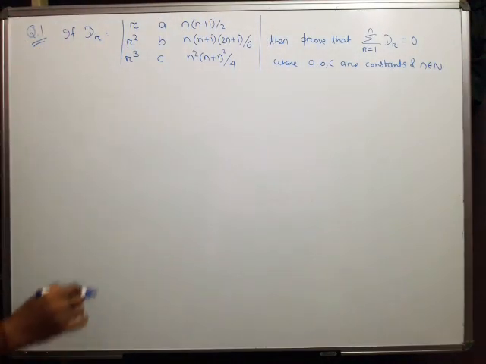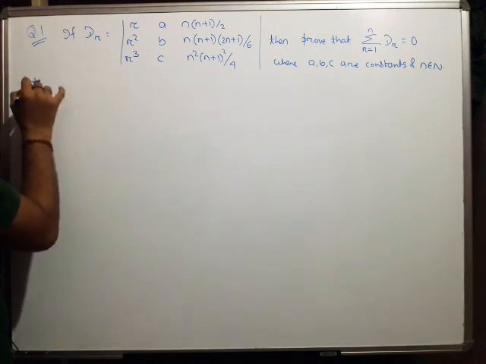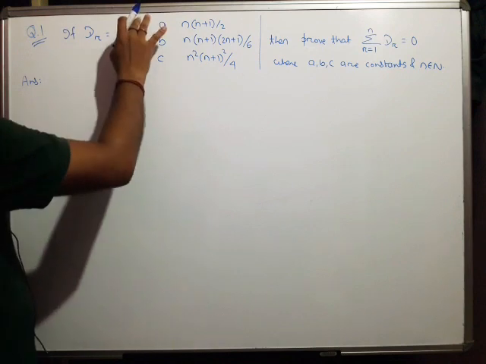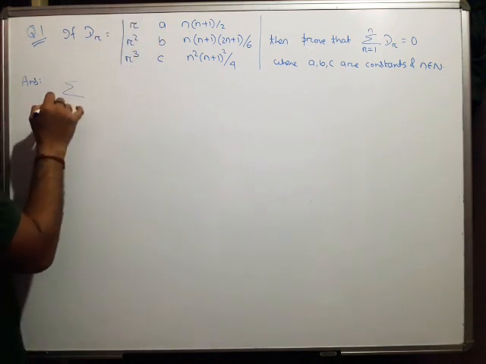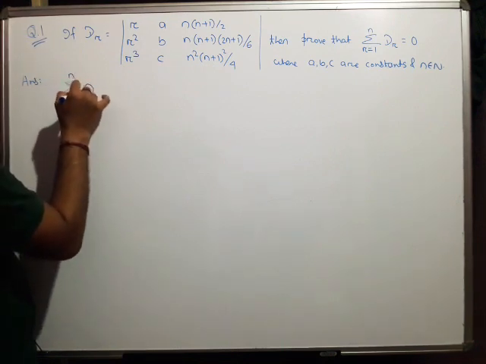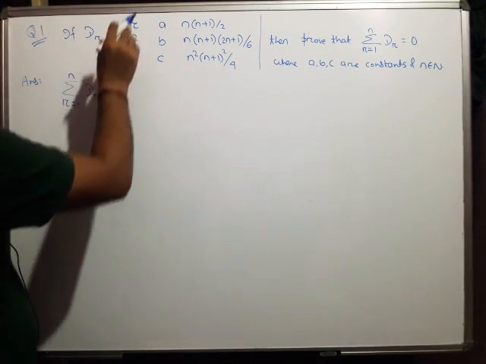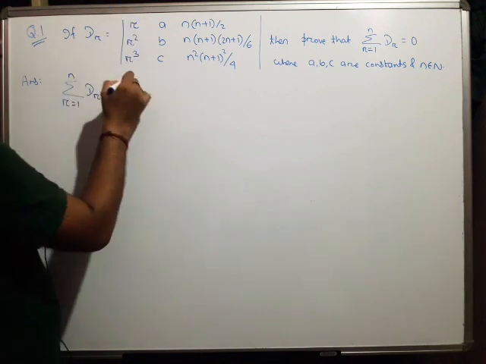Okay, so here the variable is r and the functions of r are r, r square, r cube in column 1. So suppose we apply summation r equals 1 to n of Δr. Since the functions of r are in column 1, summation will be applied in column 1 only.